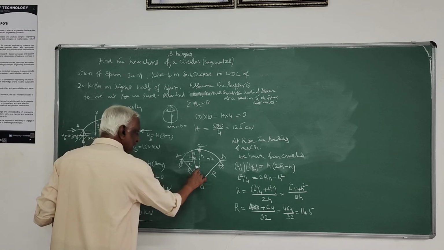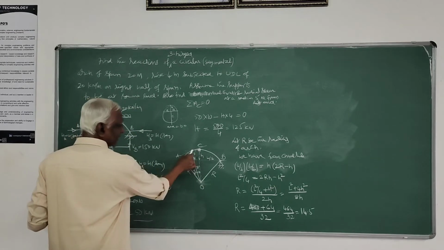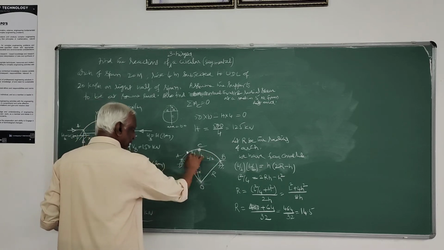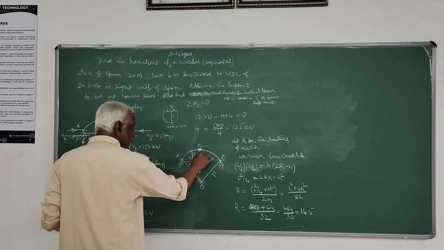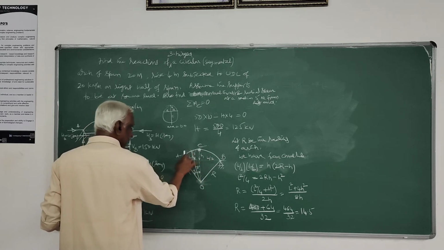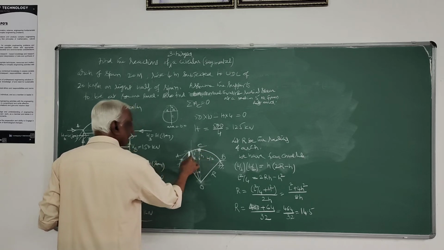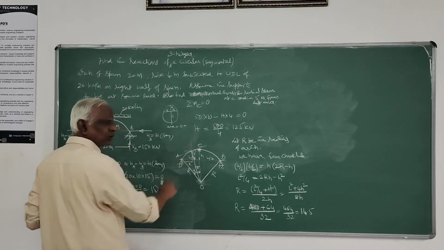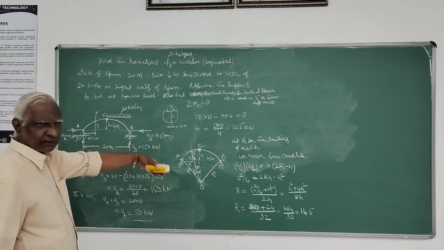So when I call this as theta, this has to be theta. Because this is 90 degrees, from this particular triangle, at any section, tangent, this angle will be 90 minus theta. So this theta should be determined automatically.